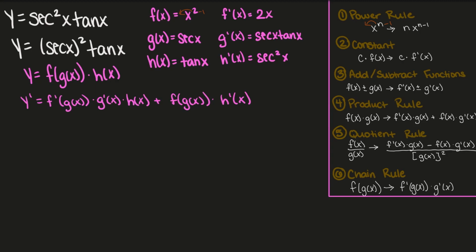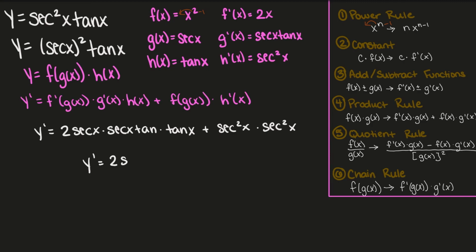So plugging in all of our values, we have y prime equals f prime g of x, which is 2 secant x, times g prime, which is secant x tan x, times h of x, which is tan x, plus f of g of x, which is secant squared x, times h prime x, which is also secant squared x. So simplifying this and multiplying this out gives us y prime is equal to 2 secant squared x tangent squared x plus secant to the 4th x.